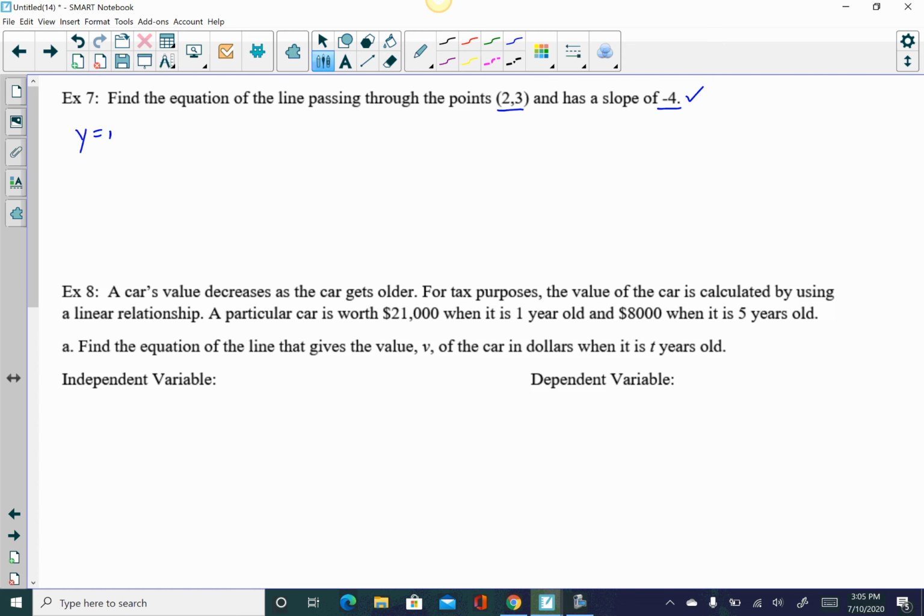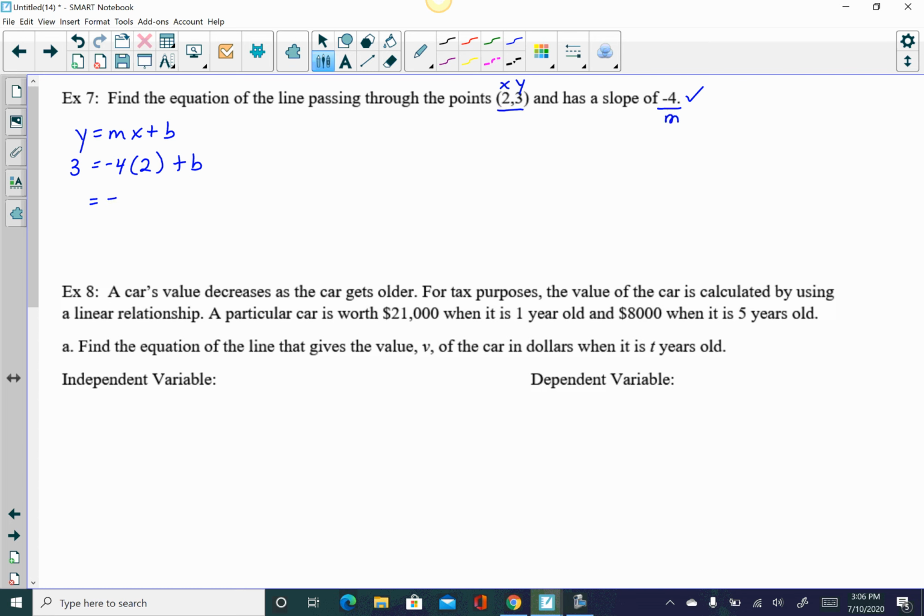So the first thing we're going to do here is solve for b. So you're going to have y equals mx plus b. And you've got an x and a y, and you've got your m here. So you're plugging in for m, x, and y and solving for b. So in place of y, I'll put in my 3. m is going to be negative 4. x is 2. Don't know what b is. We're solving for that. Clean up.